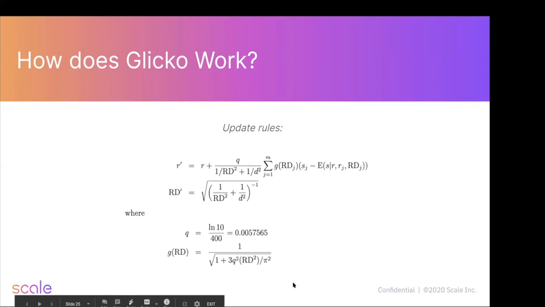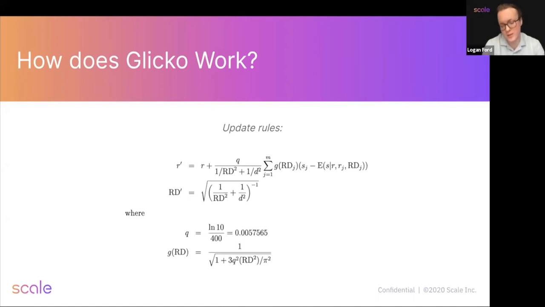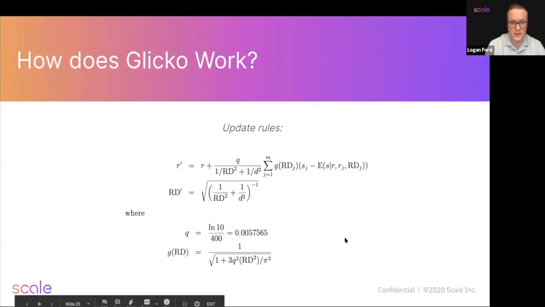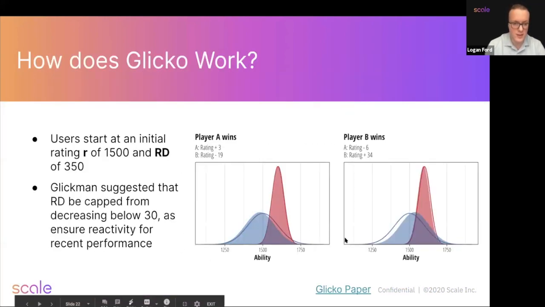How do you avoid labelers being stuck with too high or too low of a rating? This comes back to the main concept that Glickman talked about, of having a cap of not decreasing the RD below 30.